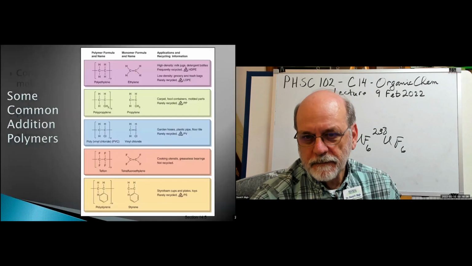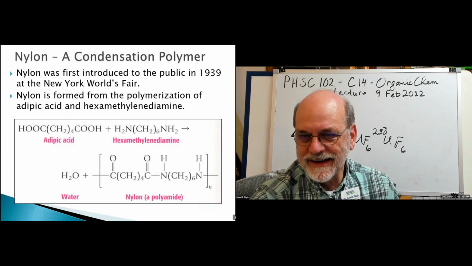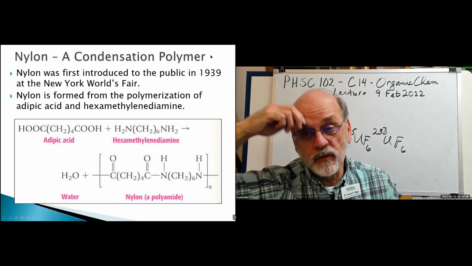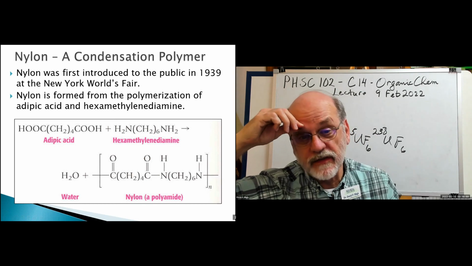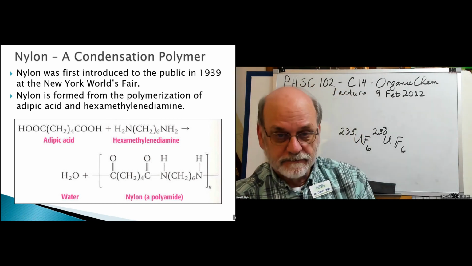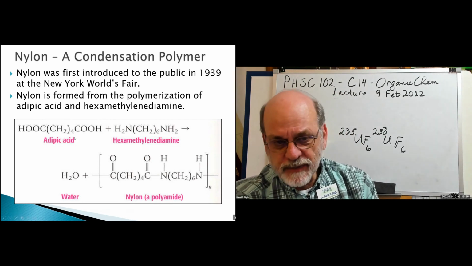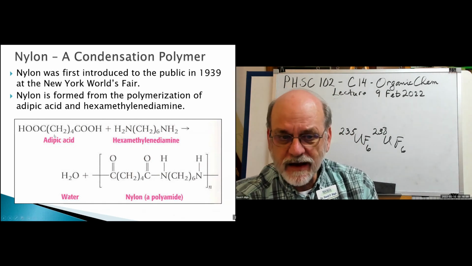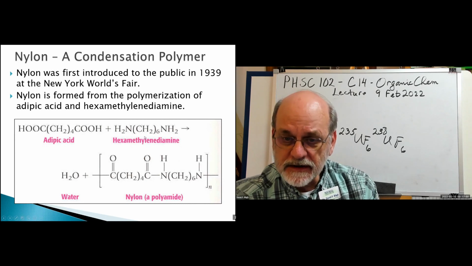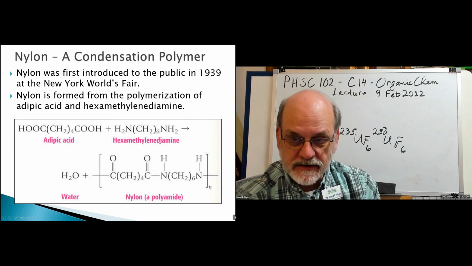So nylon preceded Teflon in discovery, and nylon was introduced to the world at the New York World's Fair in 1939. And you can make different types of nylon, right? It just depends on what form of dicarboxylic acid and what form of diamine are used in the process.